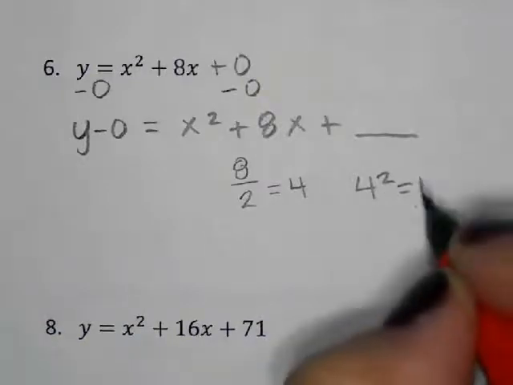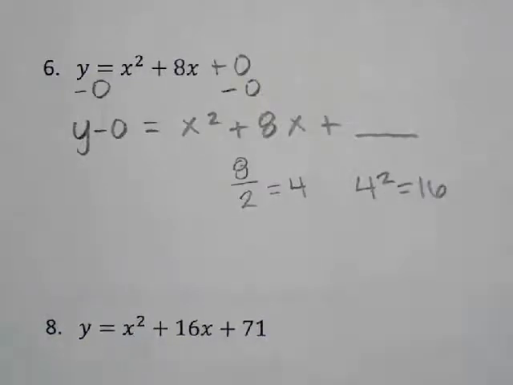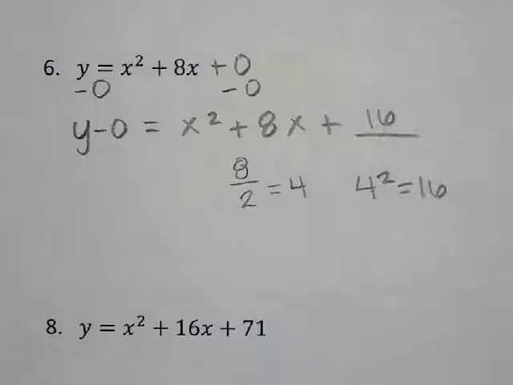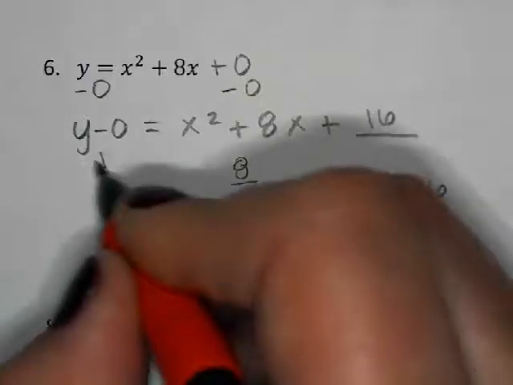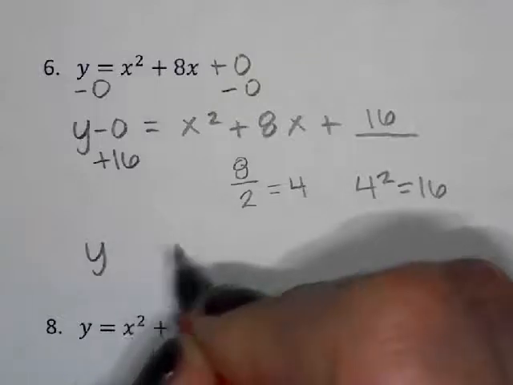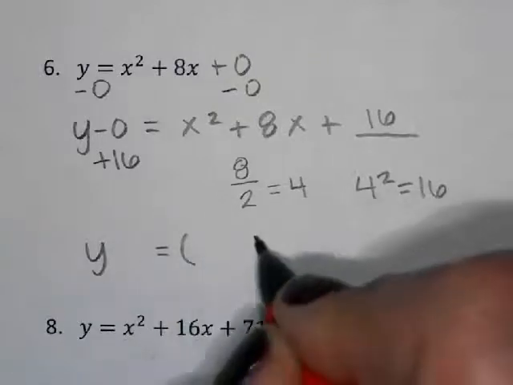And then what do we do with the 16? Put it up in the blank. And if you add 16 to the right side of the equation, what do you have to do to the left side? You have to add 16 over there as well. So we're going to have a y, a little space, and a small parentheses squared.